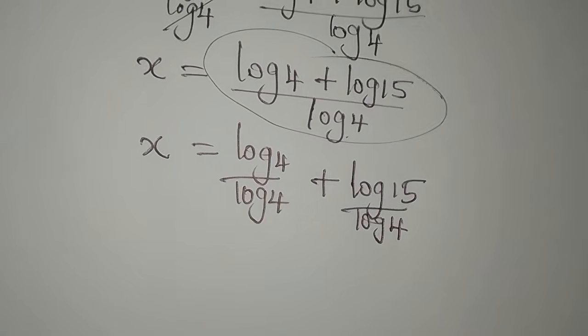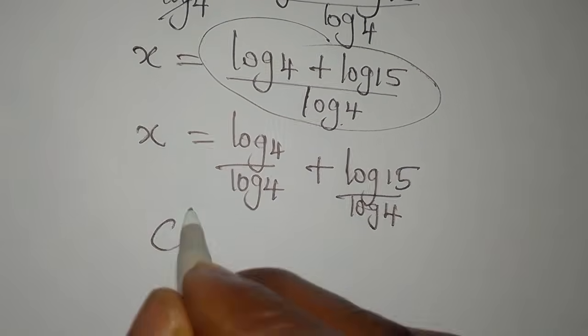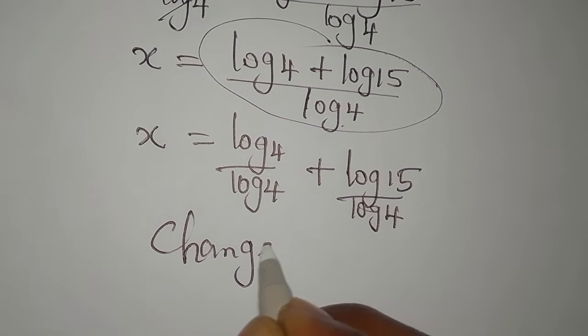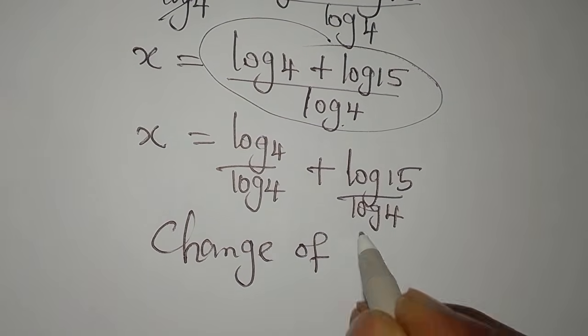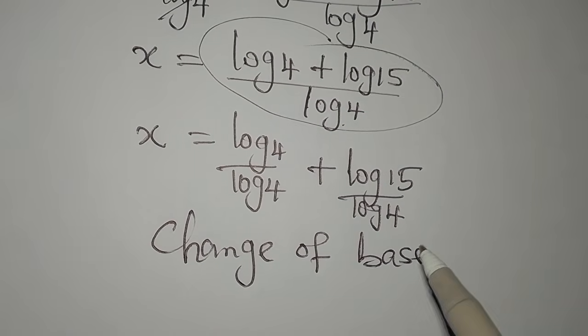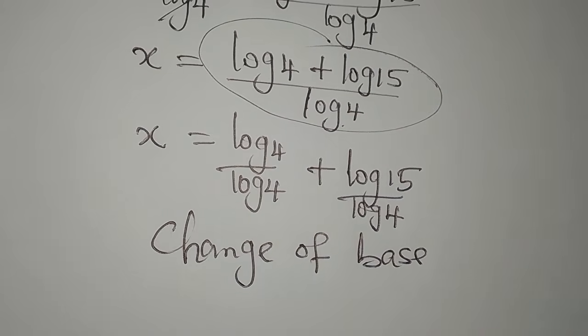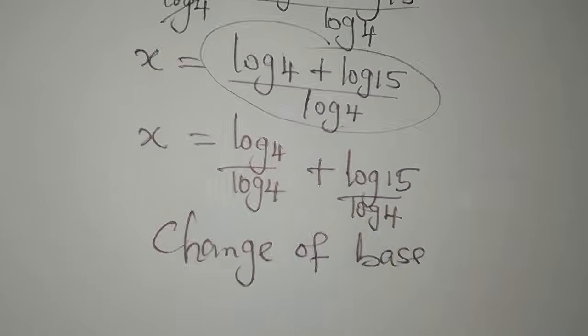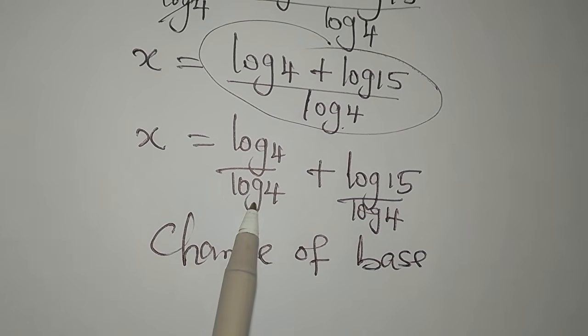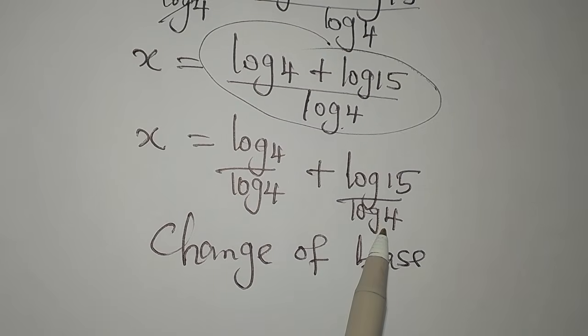Sorry, I wrote out of sight. So we're going to apply change of base. Now the base of these logs here is 10. This is base 10, this is base 10, and this is base 10.